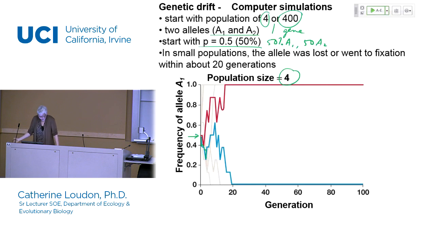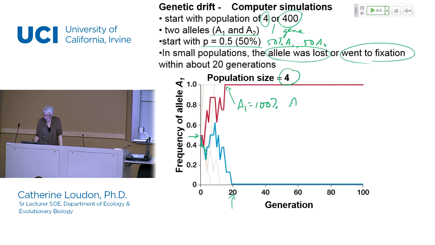So each generation has a new 4 individuals, and we're looking at the alleles in there. Now notice that in these simulations, by the time we hit about generation 20, we have either hit 100% or 0% for A1, right? So the way of describing that is that the allele was lost or it went to fixation. So for example, at this point right here, A1 is 100%, which means, of course, A2 is 0%.